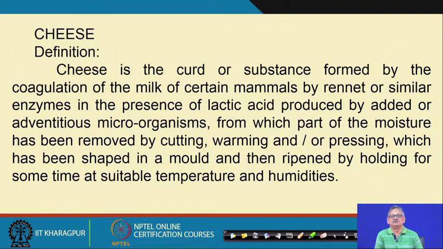But this ripening is also a function of temperature and humidity. So it is not so easy; it is a complex process by which cheese is made. Right from the definition you can understand.